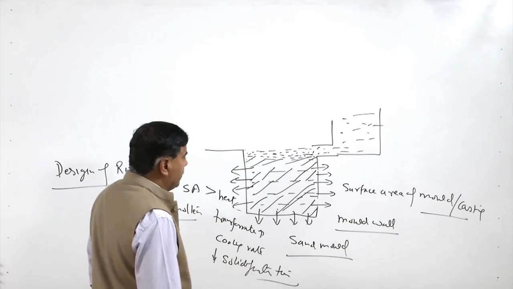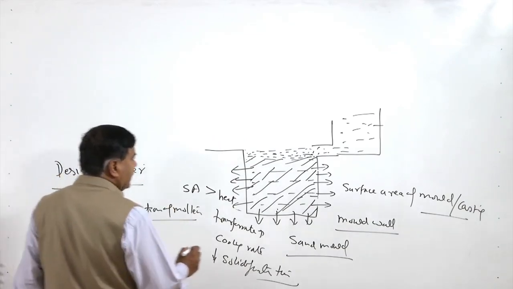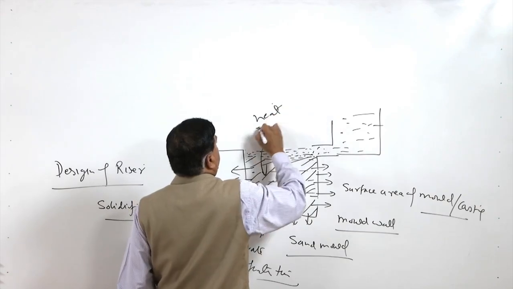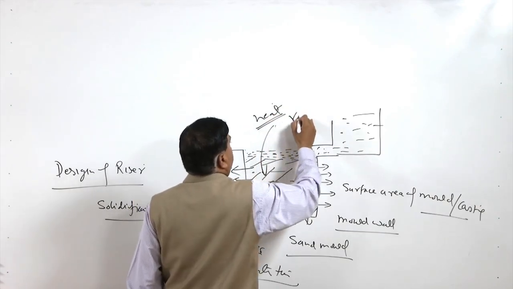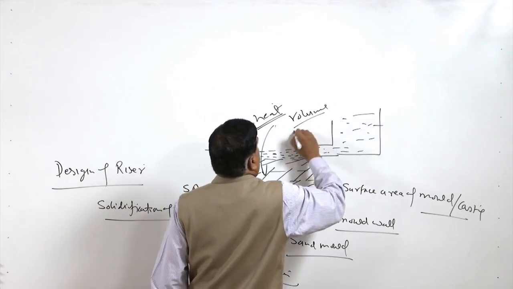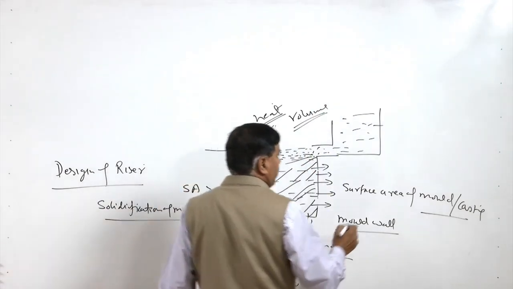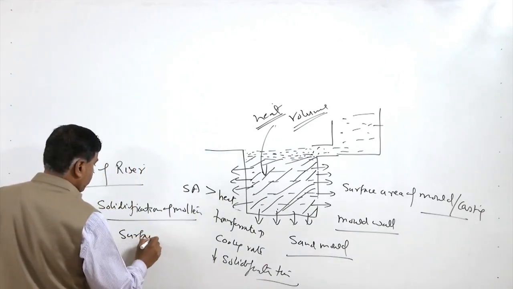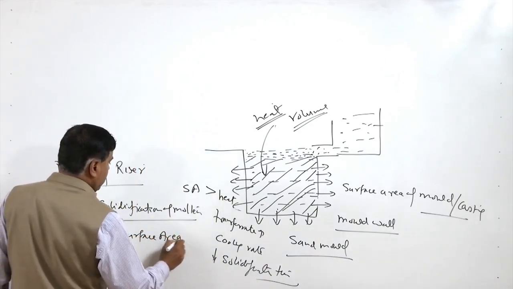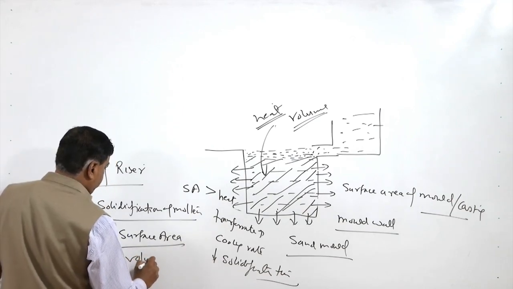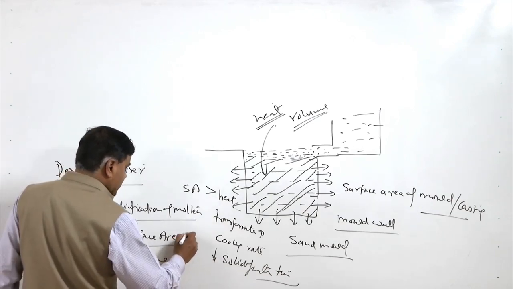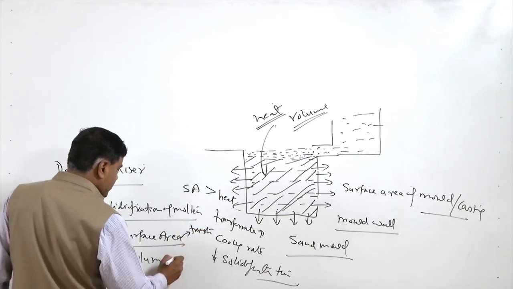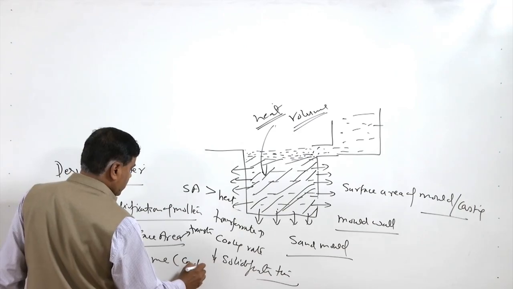But in addition to that, we have to consider one more aspect, that is the volume, since the heat contained by the molten metal depends upon its volume. So, the ratio of the surface area to the volume determines the heat transfer, and the volume is about the heat content.